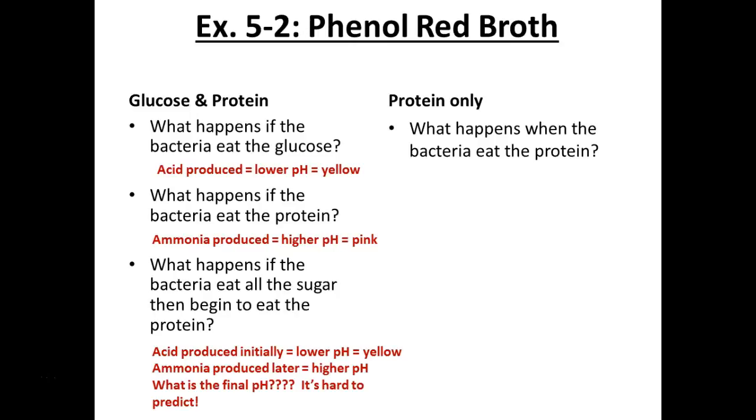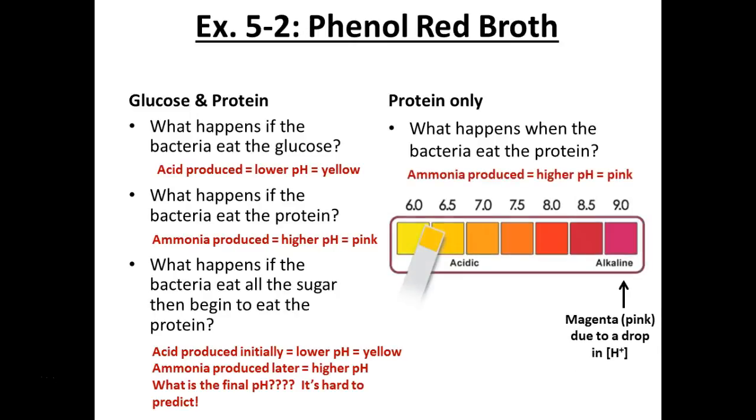And then if you let it completely go and eat all the protein, it's going to turn pink, right? But it's not going to be the same pink that you saw for the protein-only guys. And remember, for them, that bright magenta pink lets you know that they just ate the protein. They didn't do any sugar fermentation. Okay?